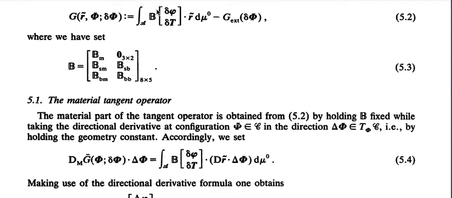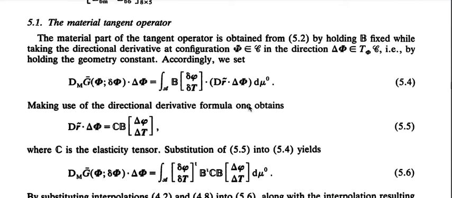We can keep this equation aside. We have these two terms: this is the variation of the strain and this is the stress resultant term. When we are considering the material tangent, we are saying that this is held constant and this is nonlinear, so we are going to linearize this. That is why this directional derivative is written with this term held constant, and we apply the directional derivative only on the second term.